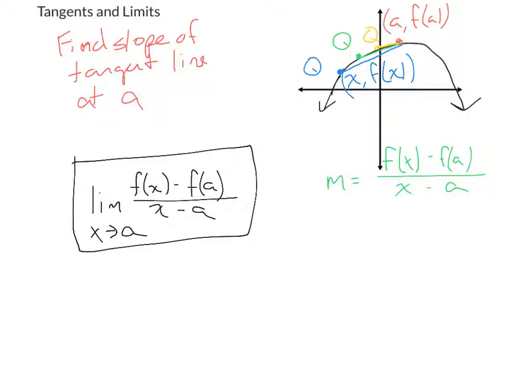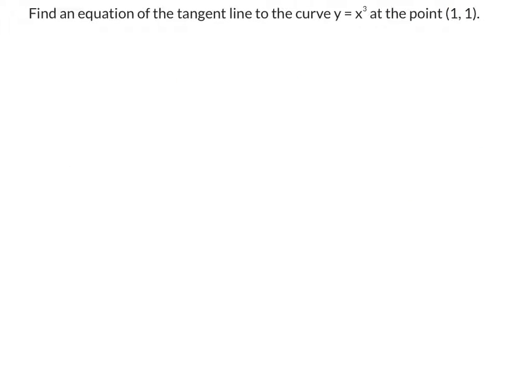So let's use this in an example. In this example, we want to find the equation of our tangent line, and we're going to have our point of tangency at 1, 1 on the curve y equals x cubed. So what do we do here? Well, in order to write the equation for a line, we need to know two things: the slope and the y-intercept, or the slope and a point.